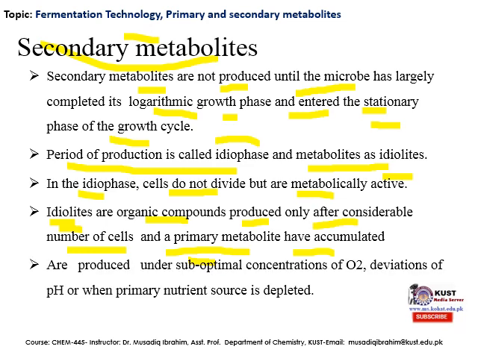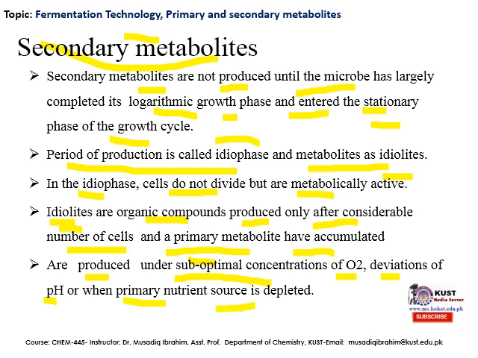Now these secondary metabolites are produced under suboptimal concentrations of oxygen. So the suboptimal concentration means the concentration which is less than the optimum concentration. And also the deviations of pH. So as a result of accumulation of microbial cells along with the primary metabolites, there is some deviation of pH taking place within the fermentation tank, or when the primary nutrient source is depleted.